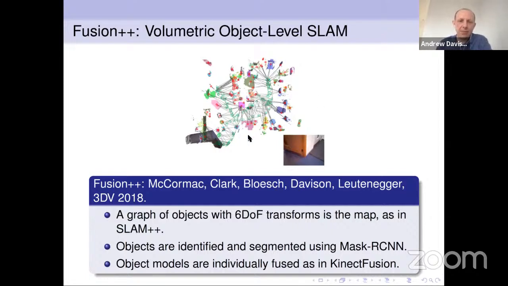We showed in the Fusion++ system that we could use that to build a graph map of the objects in the scene, where each of these is a separable object, like a landmark in the scene, but we independently reconstruct the shape of each of those objects with an SDF fusion method. You can see that that's fantastic in that it allows us to deal with any type of object that we can segment here. But on the other hand, we only get this partial reconstruction because we're only reconstructing the parts of the object we can see.